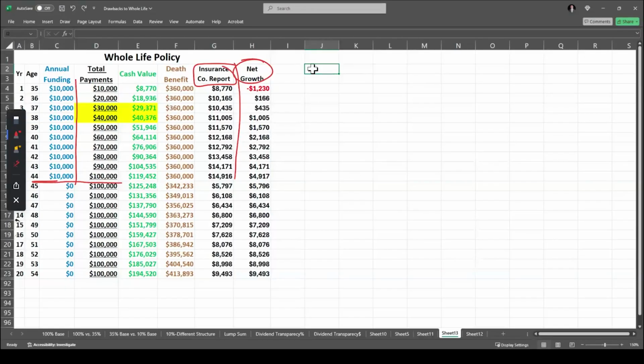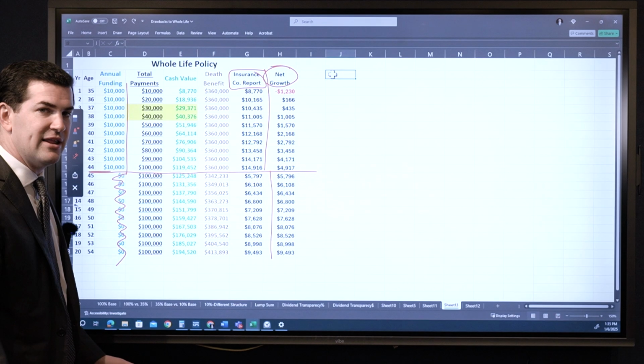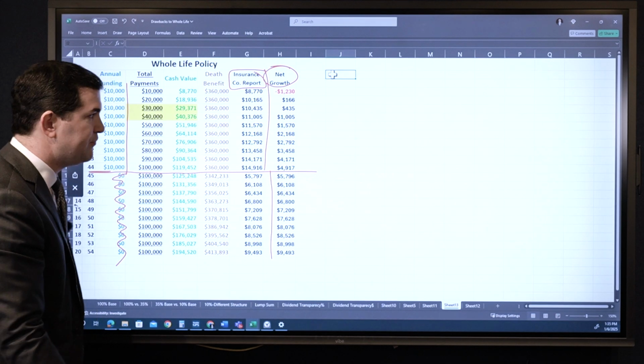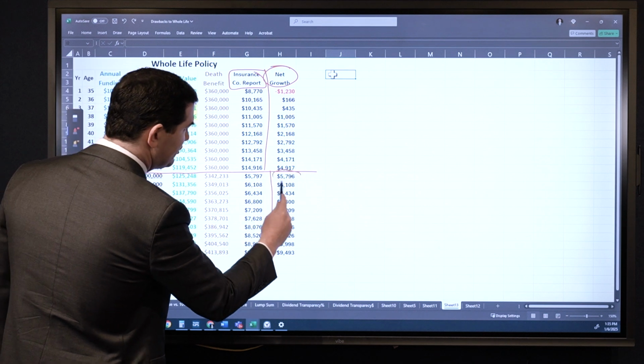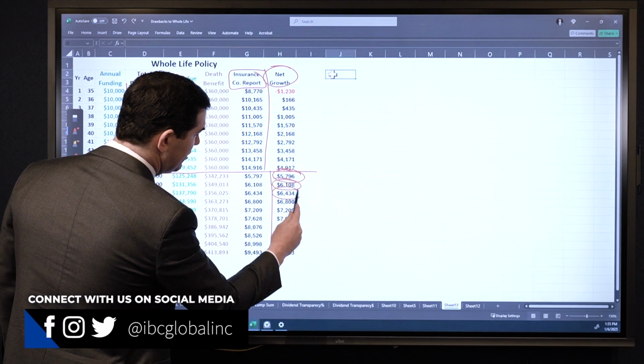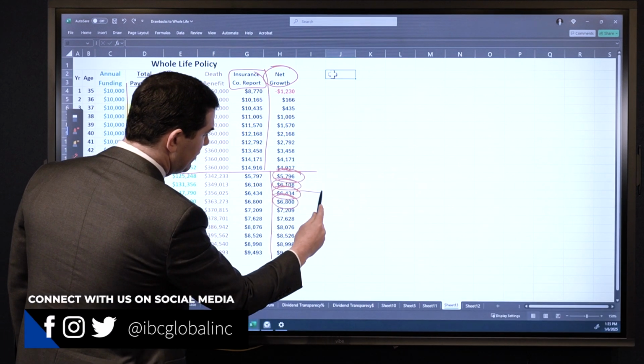But once we stop funding, if we ever do, then you'll notice that they're the same because the cash value growth is just what you're getting from the company. And if you're not paying anything in there, there's nothing to continue to add to that balance. Make sense? But what this is showing us is the compounding we're getting every single year.